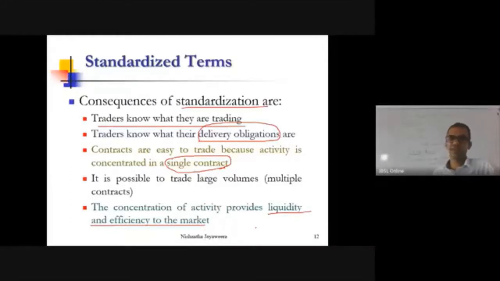You don't know what the current price would be because it's a very customized product. Nobody trades that, so there's no market price for a particular forward contract. But it is not the case in terms of futures. The market is transparent, the product is standardized, and the price is visible to the market participants.